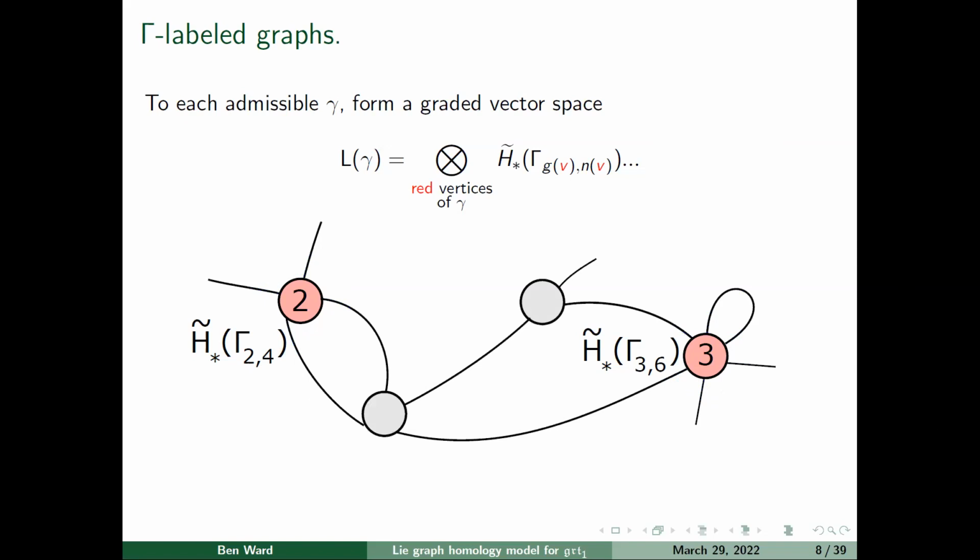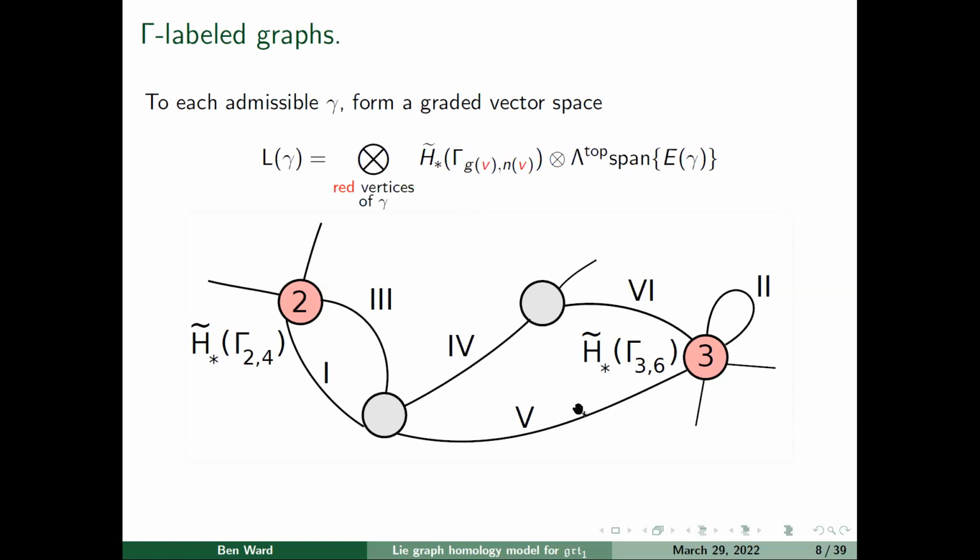Another thing is I want to make the edges odd. So formally how I would do that is, let's say, take the set of edges, take the vector space generated by that, take its exterior algebra, and then look at the top exterior power.